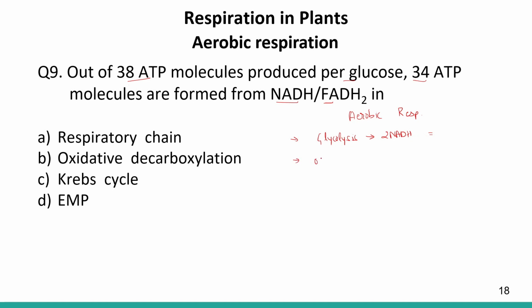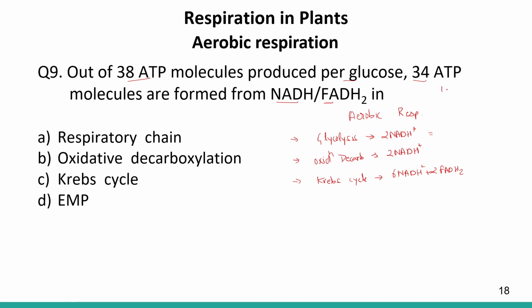Then during oxidative decarboxylation, the next step after glycolysis, again 2 NADH are produced. Then the acetyl coenzyme A which is produced enters the Krebs cycle. In Krebs cycle, 6 NADH are produced, because it occurs 2 times, and 2 FADH2 are also produced. GTP is also produced, but we won't consider this in this question.